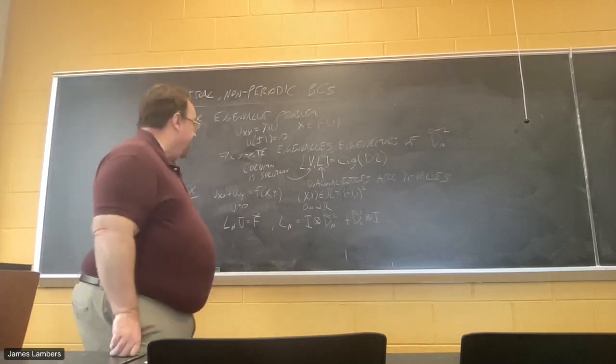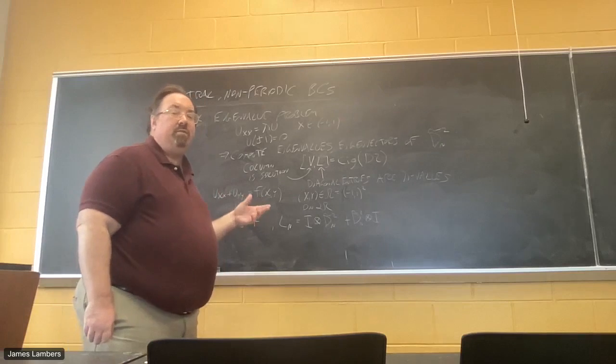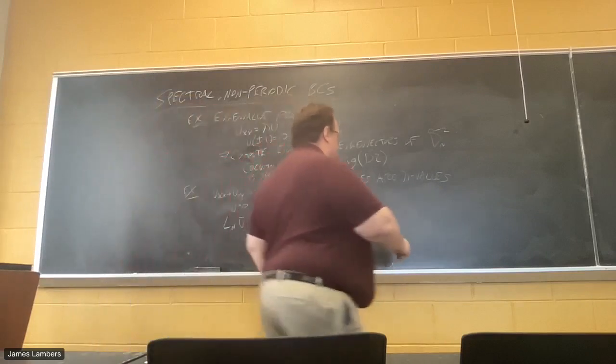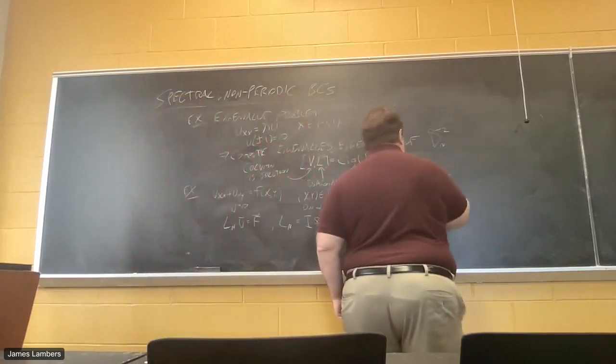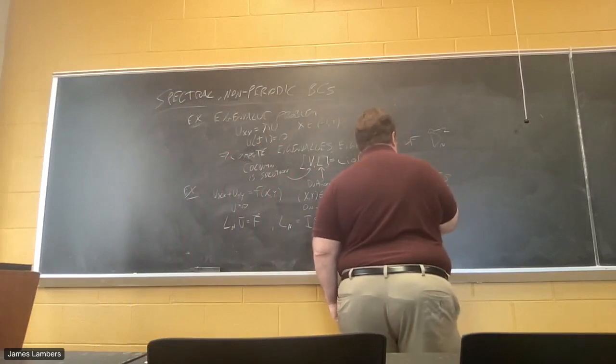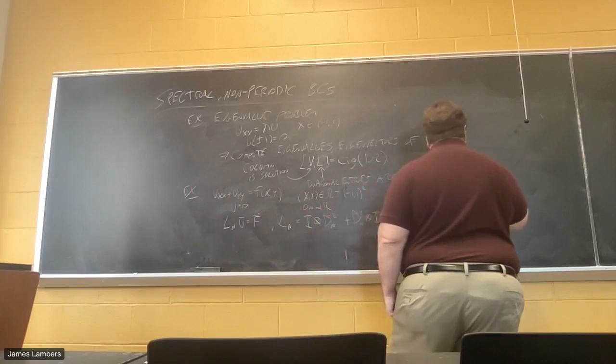Okay, now, as for how this would go in MATLAB, when you get to homework problem number 7, that one is a two-dimensional problem. What you can do is let x be a vector of your Chebyshev points.